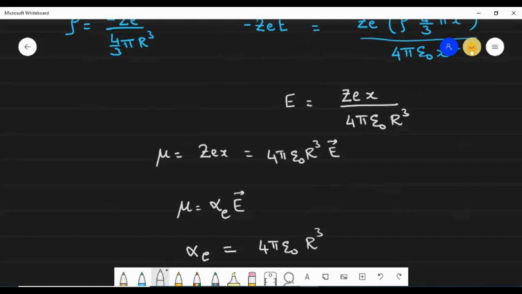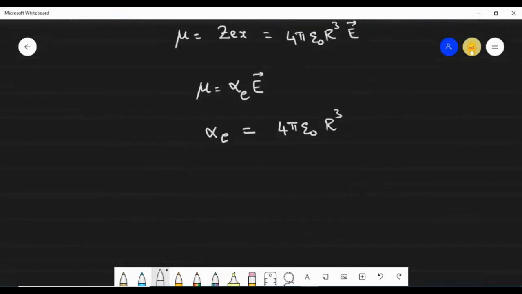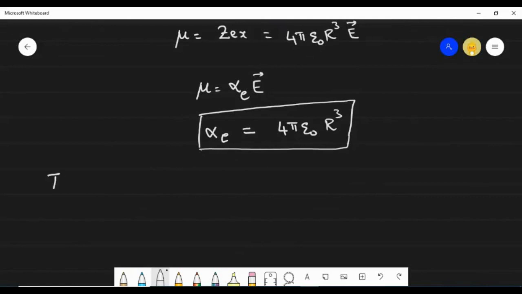We can infer that the electronic polarizability is independent of temperature, whereas it depends on the atomic size r. So this is one expression that we have arrived at from the discussion of electronic polarization. Now let us discuss ionic polarization.